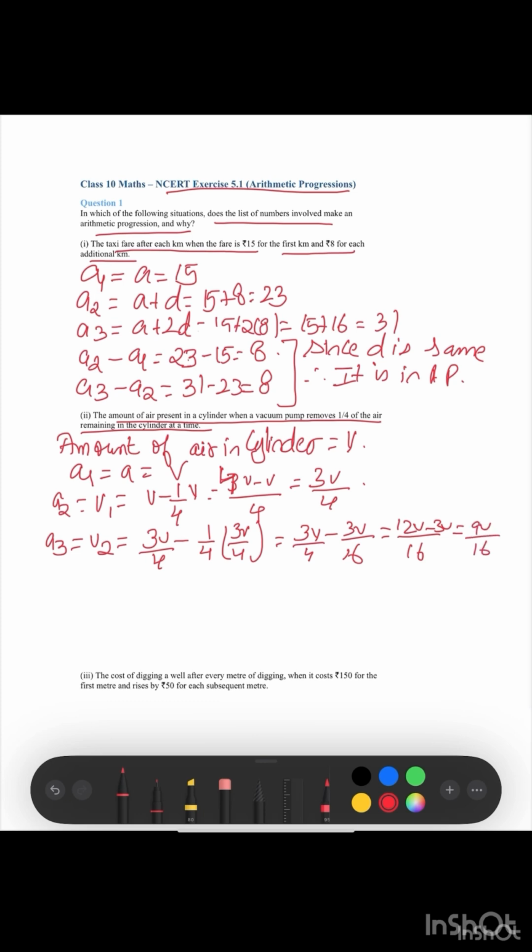Now to check whether it is an AP or not, we need to find out the difference between two terms. So A2 minus A1 is 3V upon 4 minus V. We'll take the LCM and solve. LCM is 4. So 3V minus 4V will become minus V upon 4. Similarly, we'll find out A3 minus A2, that is 9V upon 16 minus 3V upon 4.